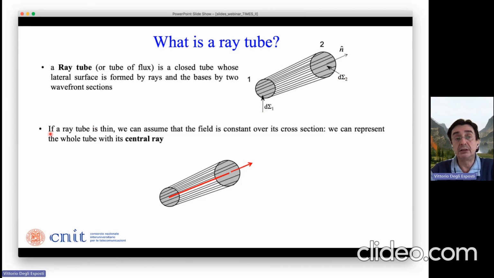If the ray tube is thin, we can assume a constant field over the cross-section, and therefore we can represent the whole tube with its central ray and the field of this central ray. And this will be used later on in ray launching models.